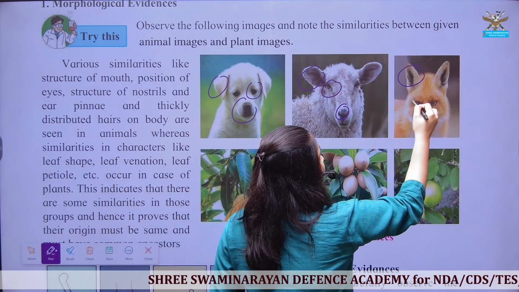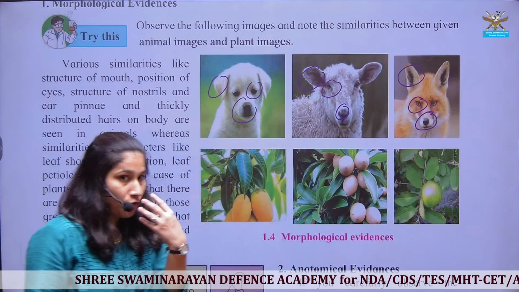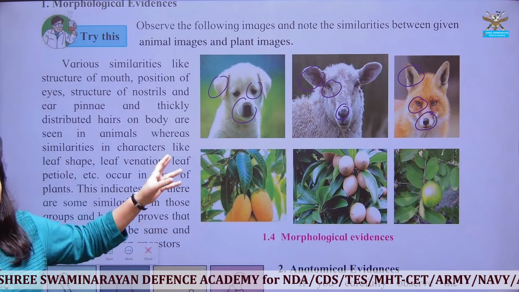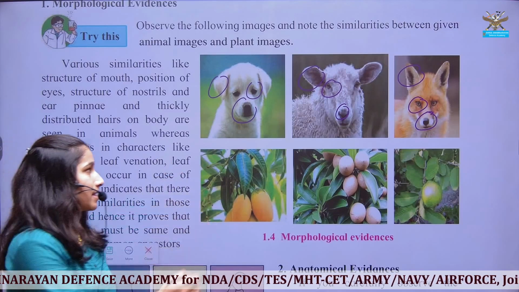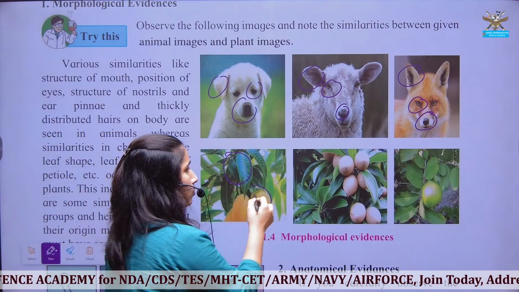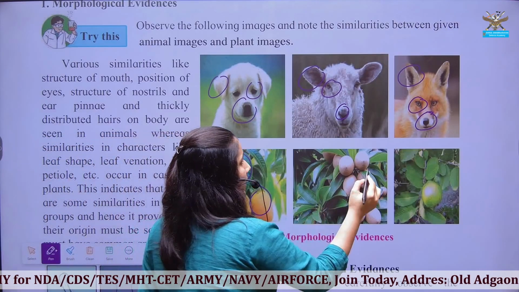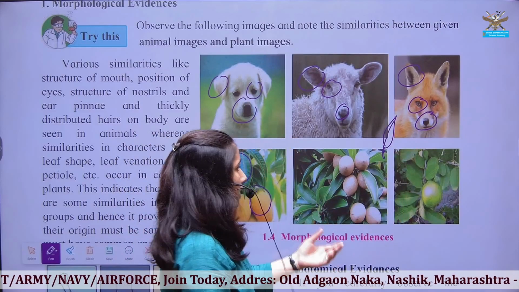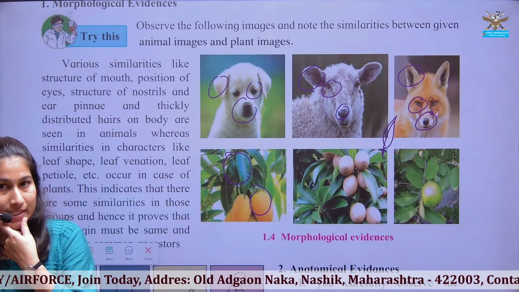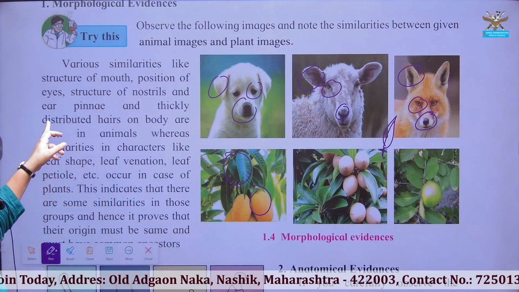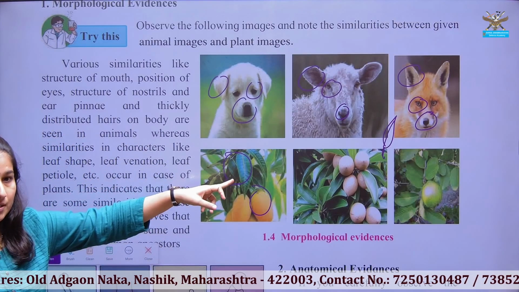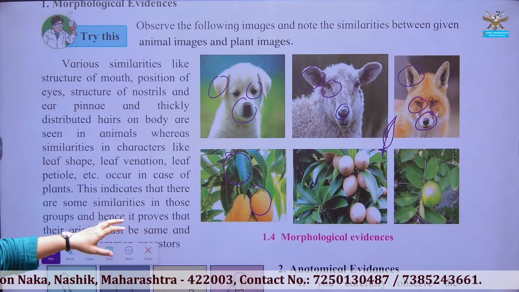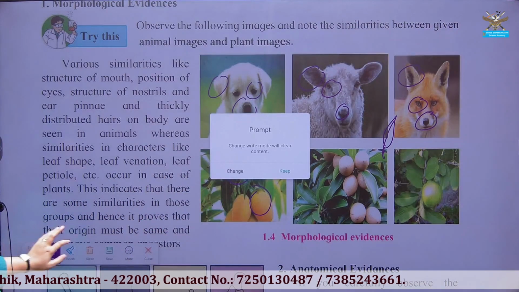See, everyone has ear pinna and placement of nose and mouth. And in plants, you can see the presence of leaves and fruits. Then in the leaf, the petiole is there, right? The stalk of this leaf. These are similarities which were seen in each and every organism.